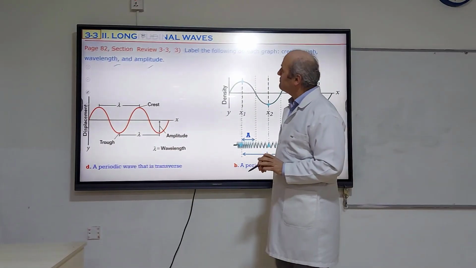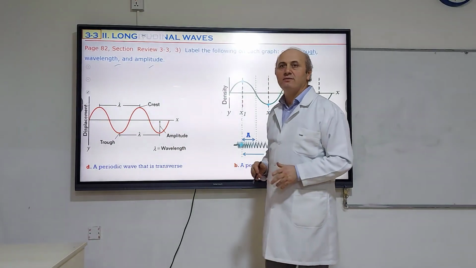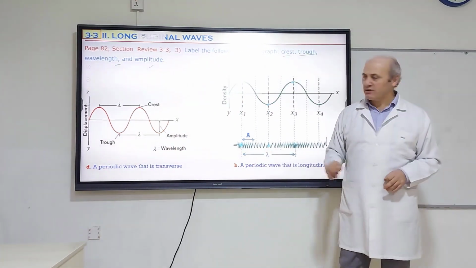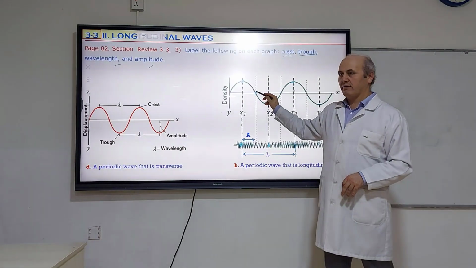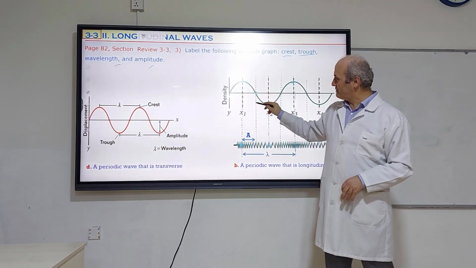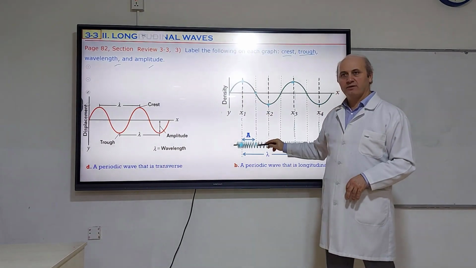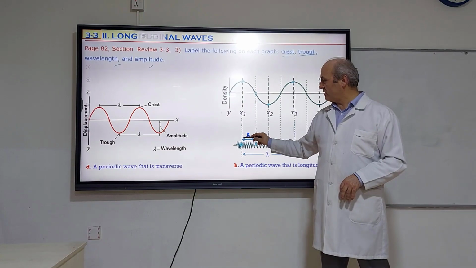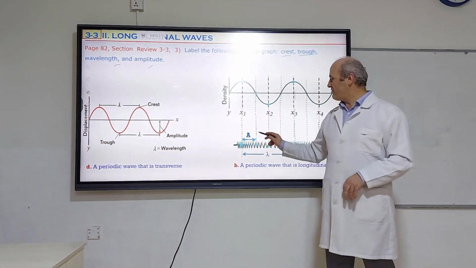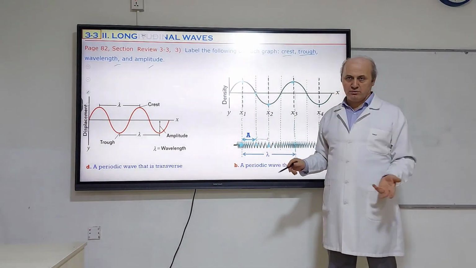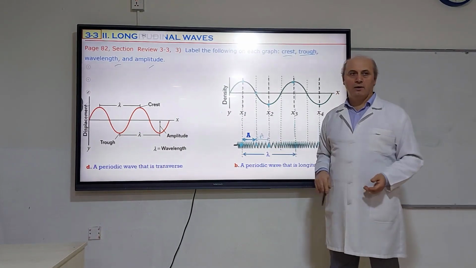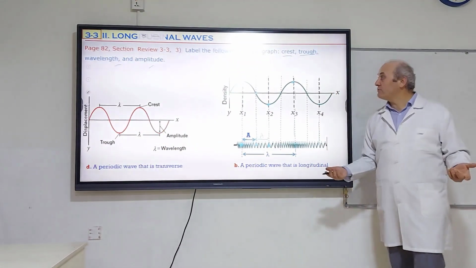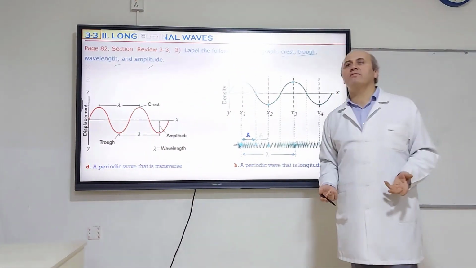What about amplitude? Amplitude is from the equilibrium position to a crest. Where is the equilibrium position in the pressure wave? Right here. From equilibrium to a compression is an amplitude. Or from equilibrium to a stretch is also an amplitude. What about wavelength? What is the definition of wavelength?